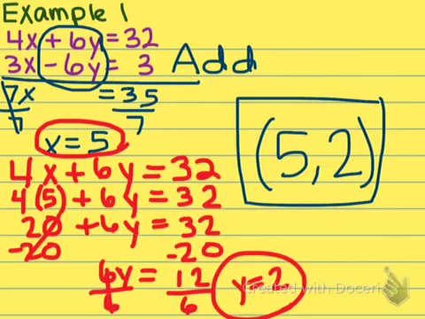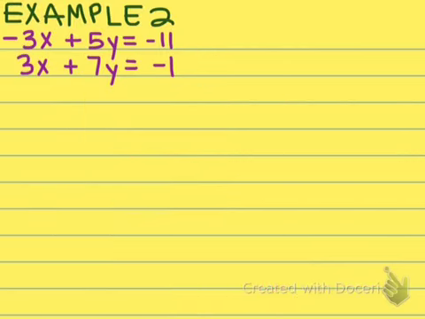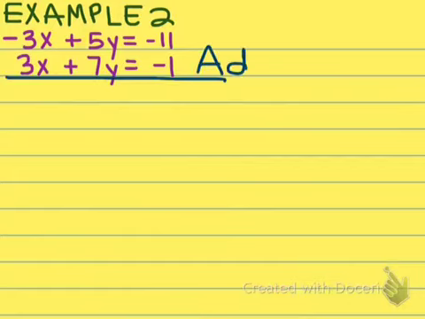Alright, let's try one more example together. Negative 3x plus 5y equals negative 11, and 3x plus 7y equals negative 1. And our same strategy is going to be to add the equations together. As you can see, negative 3x and positive 3x, when you add those together, that will give you 0.